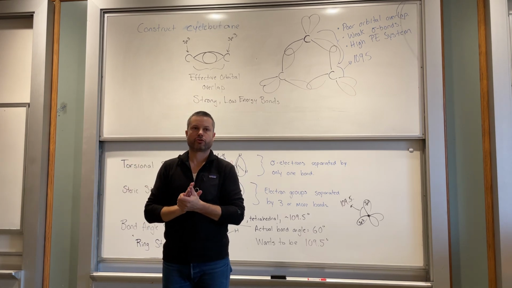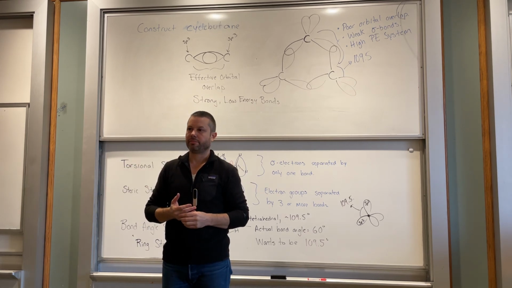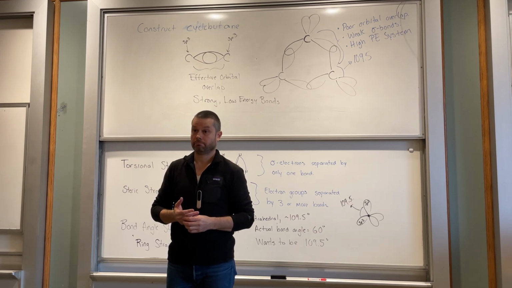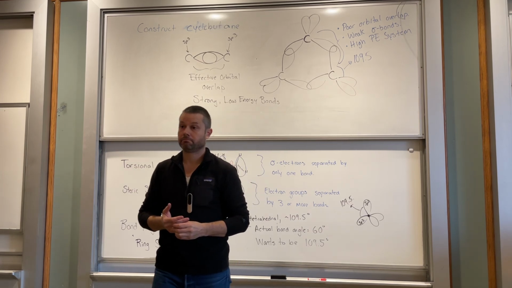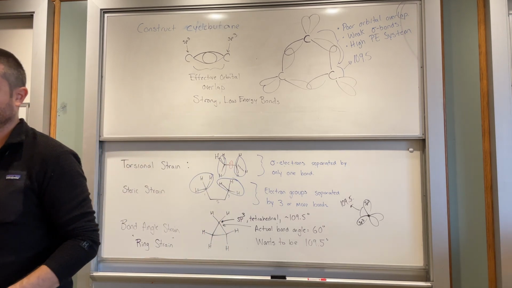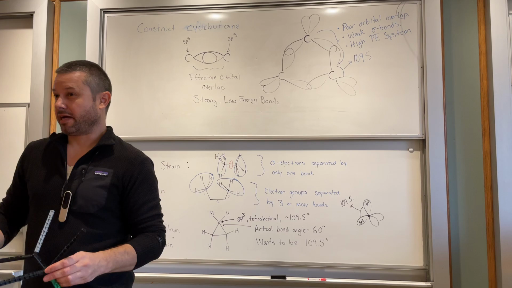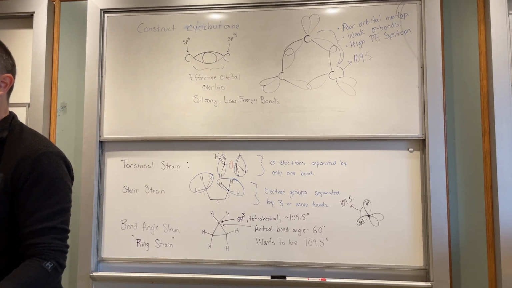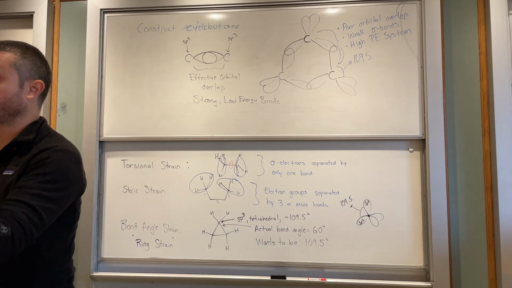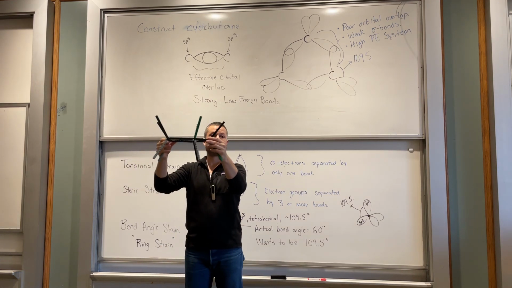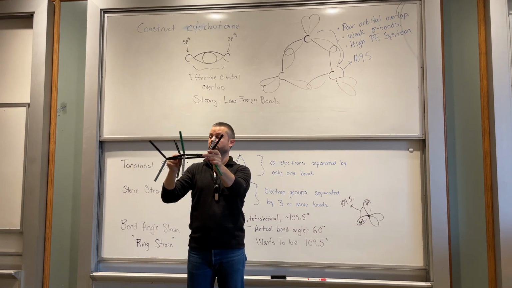How does that affect the torsional strain, or what is the torsional strain going to be in that system? Would it be even between all of the carbon bonds? It will be, but is that a high amount of torsional strain or a low amount? So look at your model. Look down any carbon-carbon bond when all 5 of those carbons are in one plane and tell me what you see.